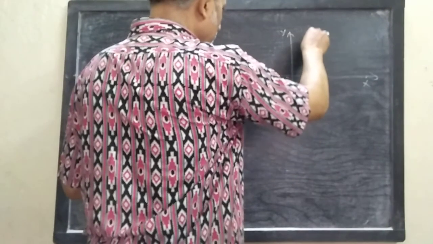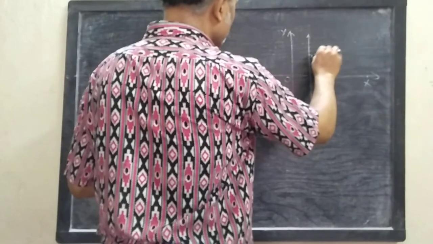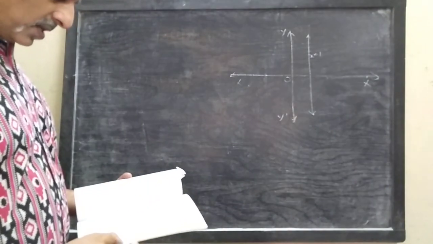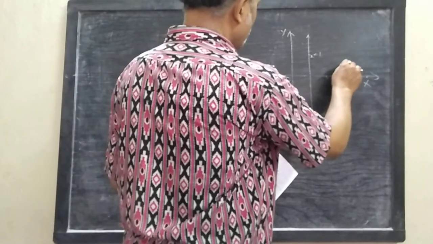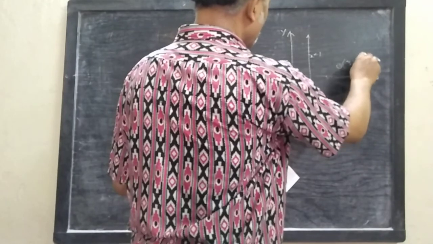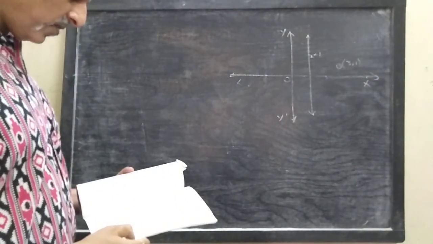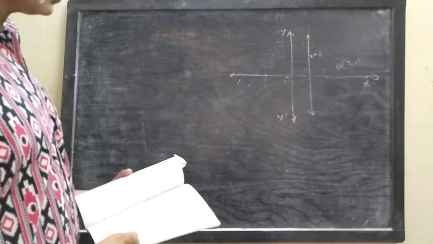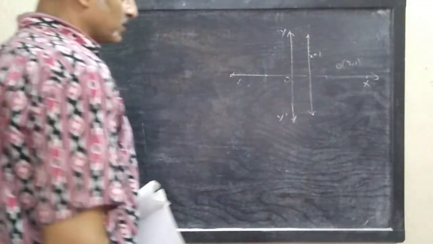This is the line x equals 1. Coordinates of the image of (3, 1): 1, 2, 3, 1. This is the point (3, 1). For the image of (3, 1) under the reflection in the x-axis followed by reflection in the line x equals 1, you have to first reflect it in the line x equals 1.